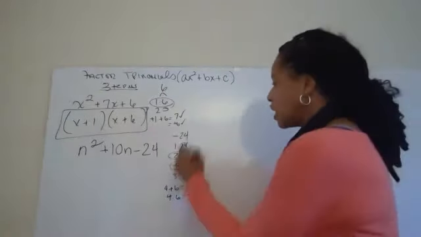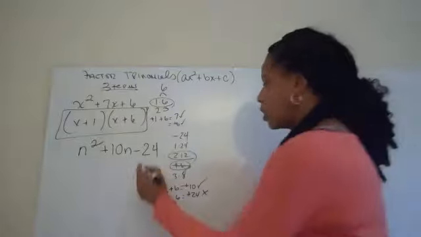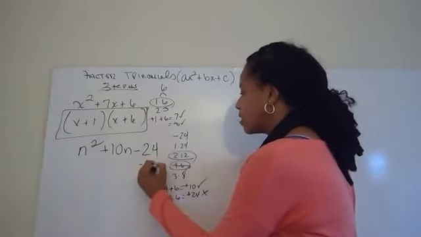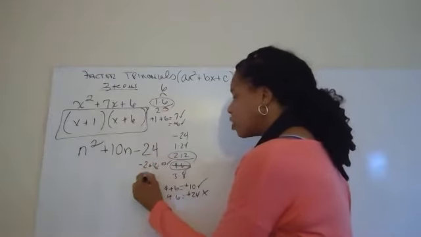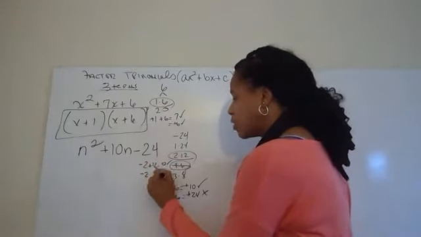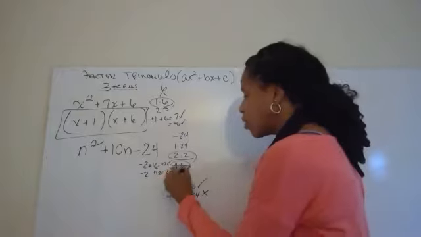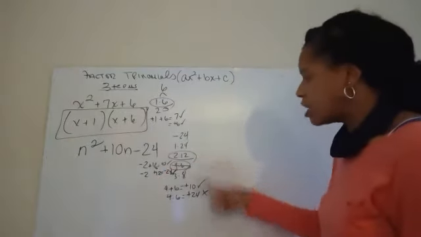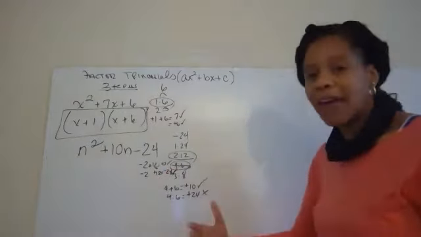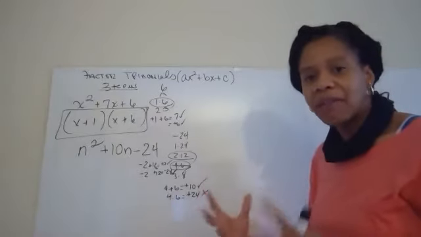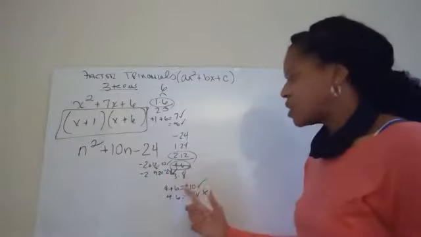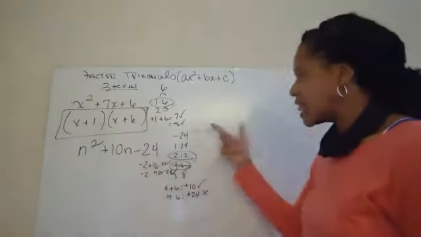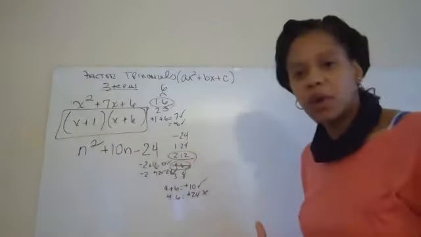And so when you check those, what would give you the 10? Well, if you use a negative 2 and a positive 12, you would get the 10. And if you multiply the negative 2 times a positive 12, you would get the negative 24. You should always double check your numbers because the whole point of factoring is a numbers game. Everything is about finding the right pair. And so the 4 and the 6 wouldn't give me the 10 and the negative 24, but the 2 and the 12 do.